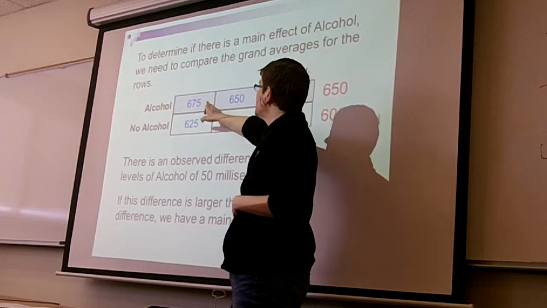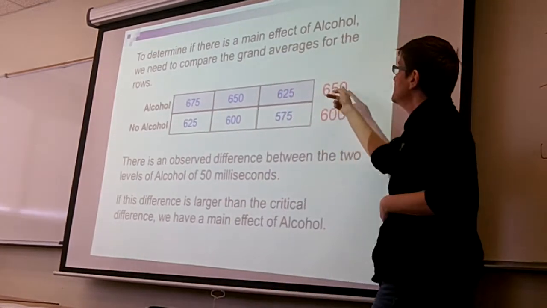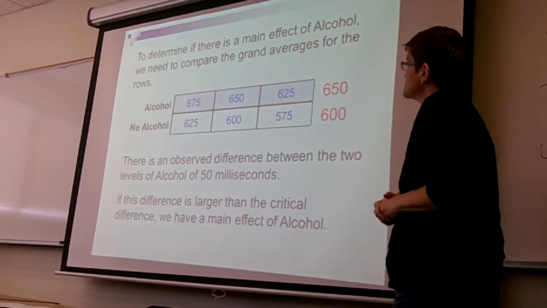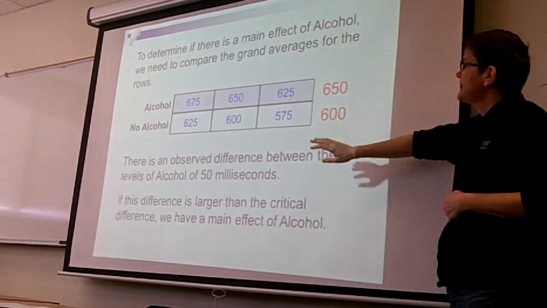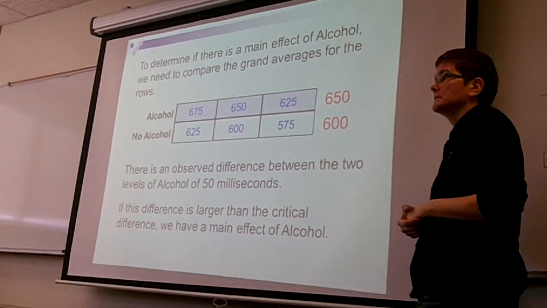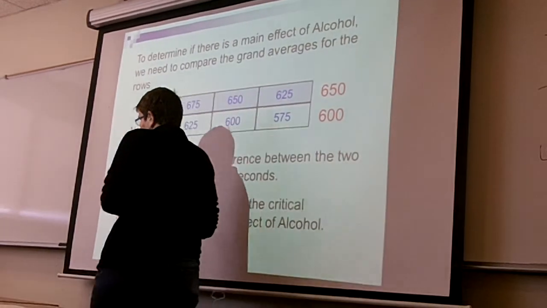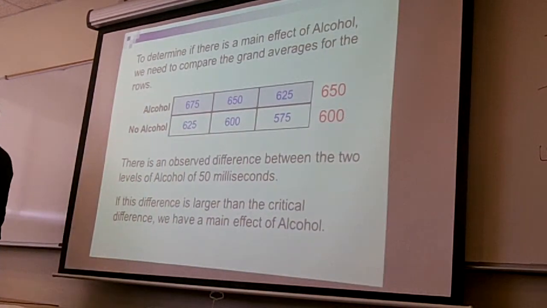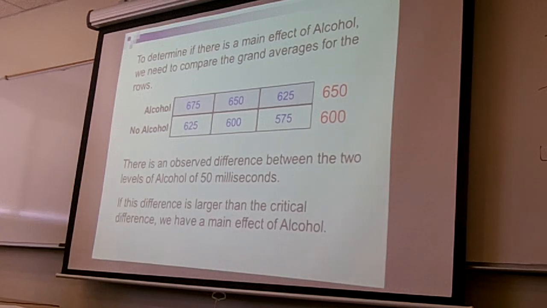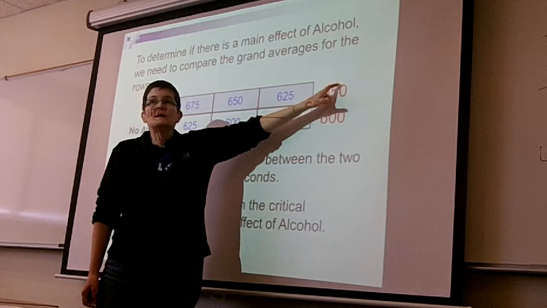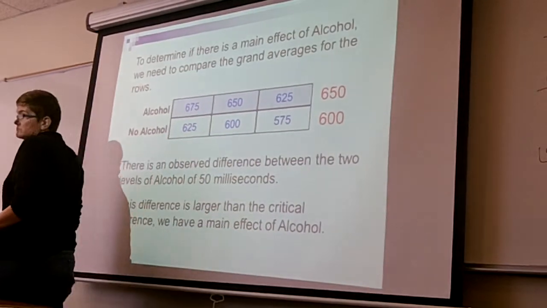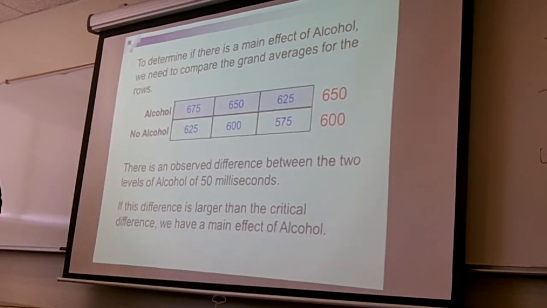If I add these 3 numbers together and divide by 3, then it's 650. If I take the average of the no alcohol numbers, that's 600. So we would have a main effect if the difference between these 2 numbers is statistically significant. That would be a main effect of alcohol.